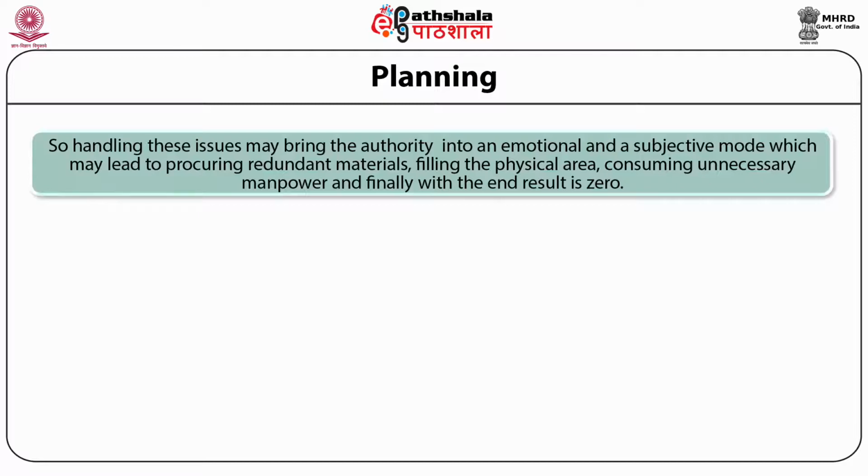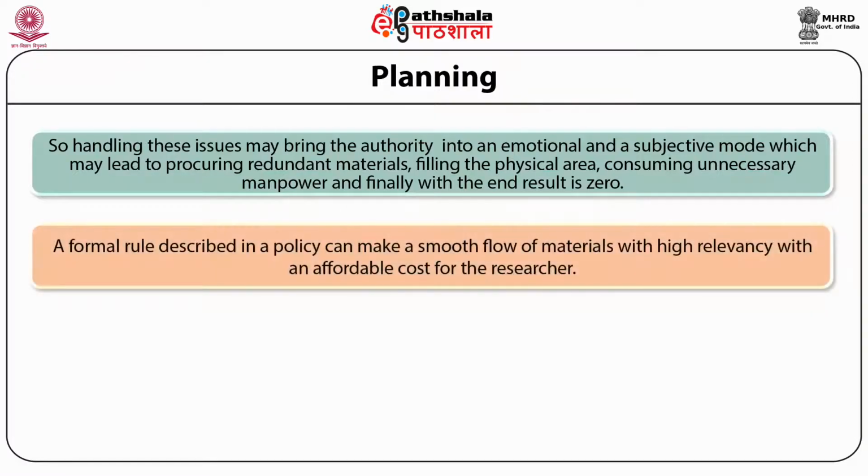So a demand for a formal rule book rather is very much warranted here. A formal rule described in a policy can make a smooth flow of materials with high relevancy, at an affordable cost for the researcher.